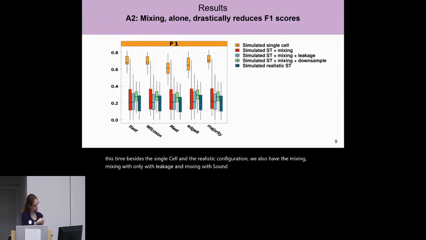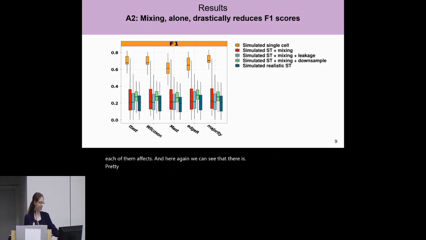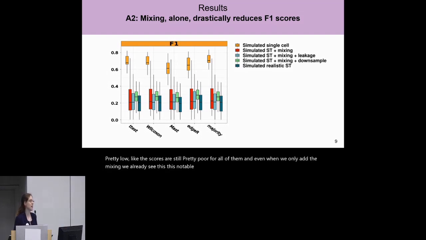So we can try to see how each of them affects. And here again, the scores are still pretty poor for all of them. And even when we only add the mixing, we already see this notable decrease. So this made us conclude that it might be the mixing itself that is causing the effects that we see.